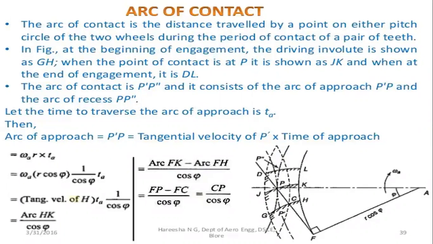So then we are going to take the omega A into R cos phi, that is 1 by cos phi into TA. So when we are going to cancel these two, it will become like this. And then we are going to take tangential velocity of H into TA into 1 by cos phi.